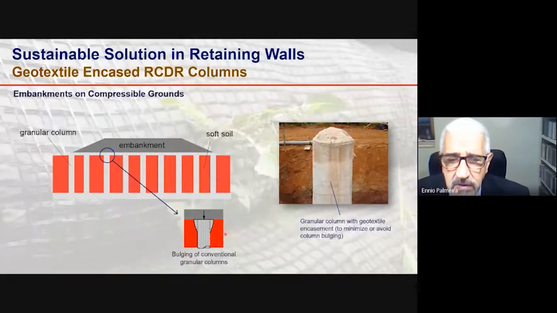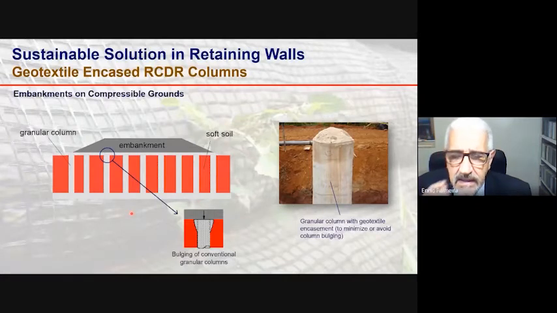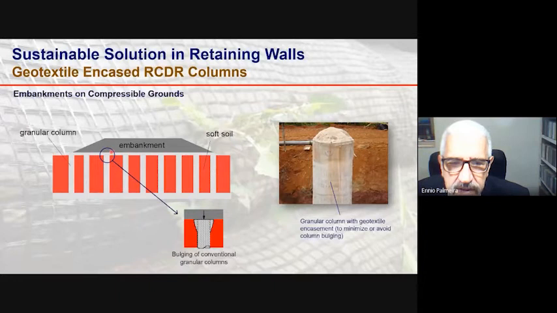But the conventional granular columns have a shortcoming, which is that when loaded by the embankment, because of the low confinement provided by the soft soil, the top of the column tends to bulge. This will reduce the efficiency of the conventional granular column in reducing the settlements of the embankment.